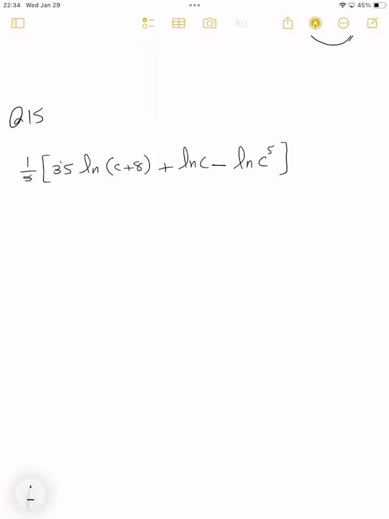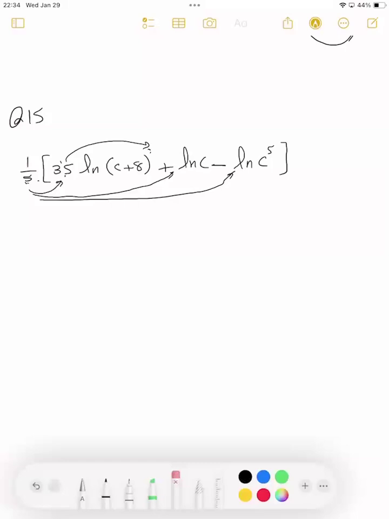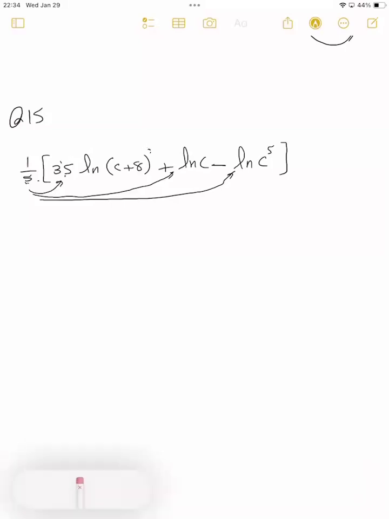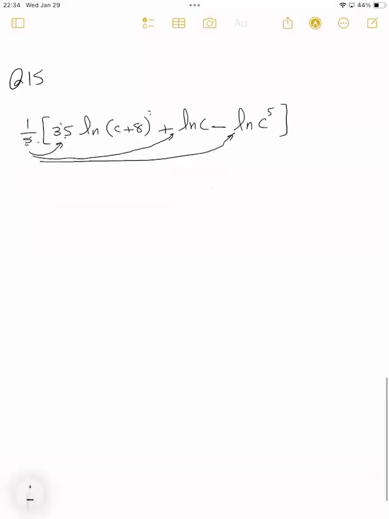You could make this 35 the exponent for that, but this 1/5 needs to be distributed, gets multiplied by every single term first. So before I make 35 the exponent of c plus 8, I'm going to distribute that 1/5 with every term inside the bracket.